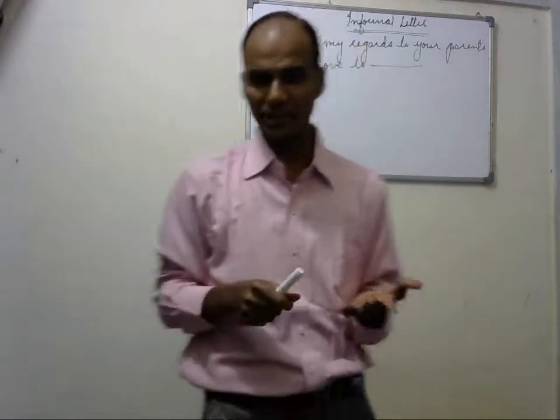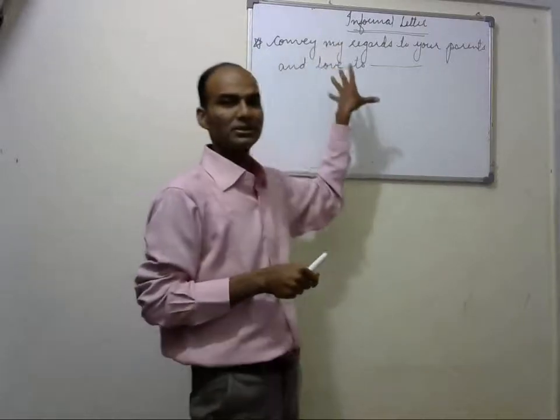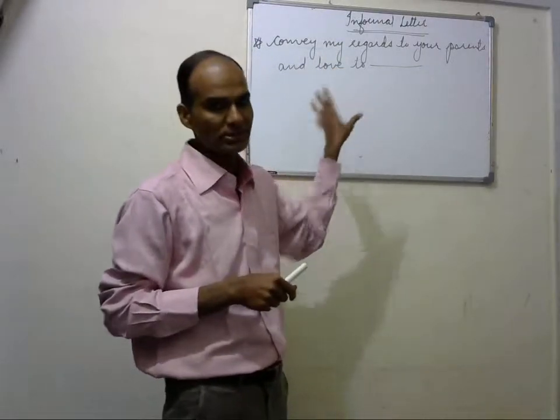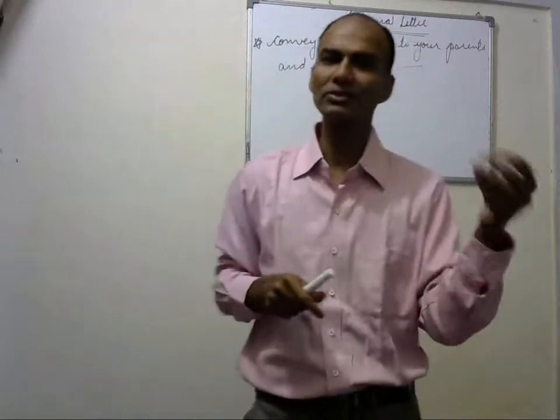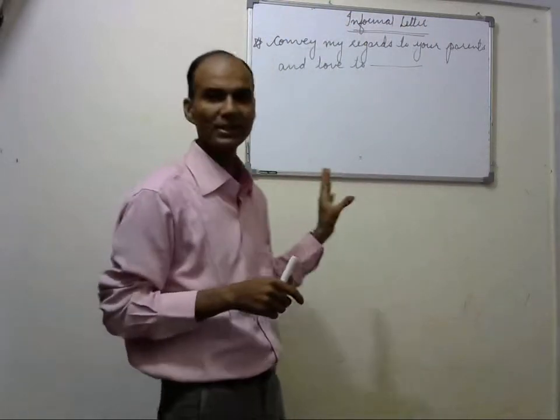You can mention the name as well. So you know that this is the general way most of the students end their informal letter, that love to chinku pinku tinku or something like that.